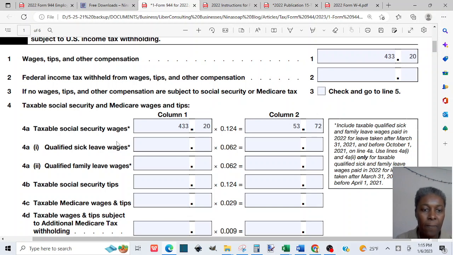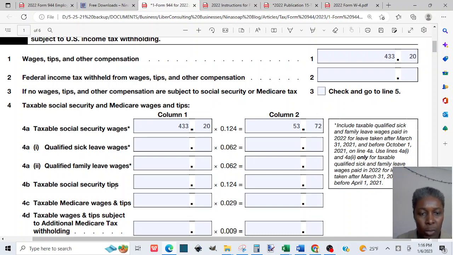But for qualified sick leave and family leave wages, you only withhold social security tax from the employee's wages. We don't have any, so we just leave 4AI and 4AII alone.